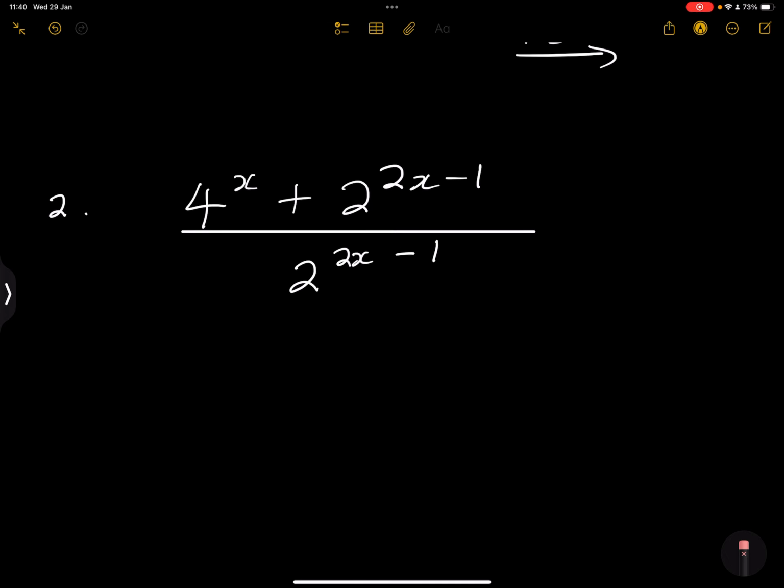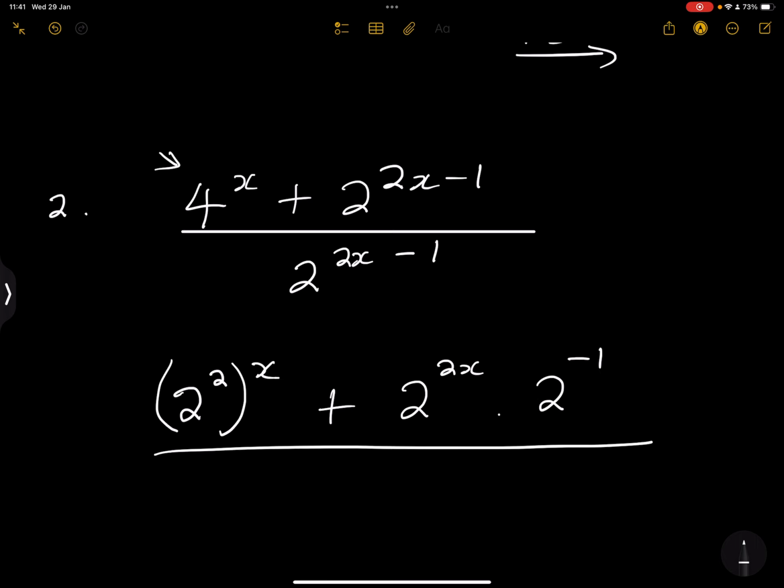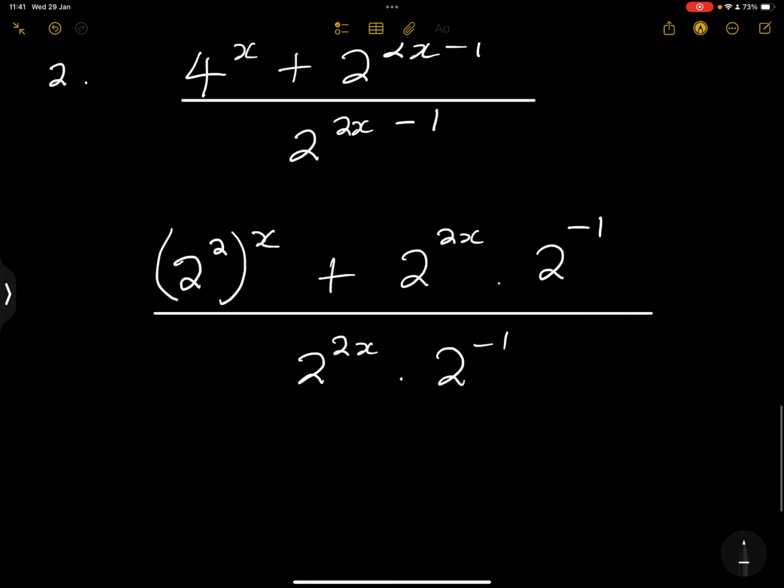Okay, so we need to change numbers into prime factors again. So that becomes 2 squared raised to the power of x, plus we've got 2 to the power 2x multiplied by 2 to the minus 1, divided by, let's do the same at the denominator, 2 to the power 2x times 2 to the power minus 1. So what happens in this case?